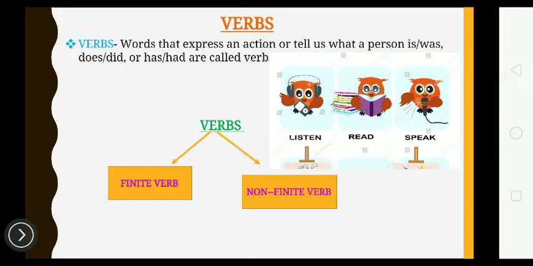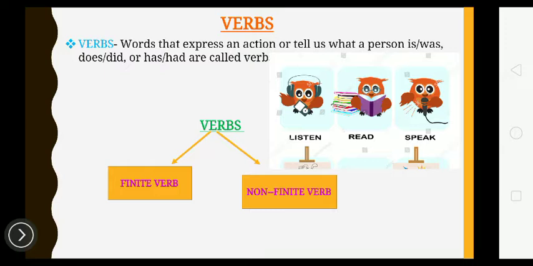And having verb shows possession or belonging, like has, have, had, having. And again these verbs are further divided into two: main verb and auxiliary or helping verb, that you all are aware of.